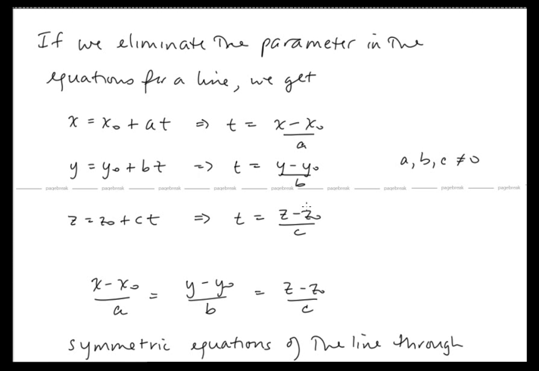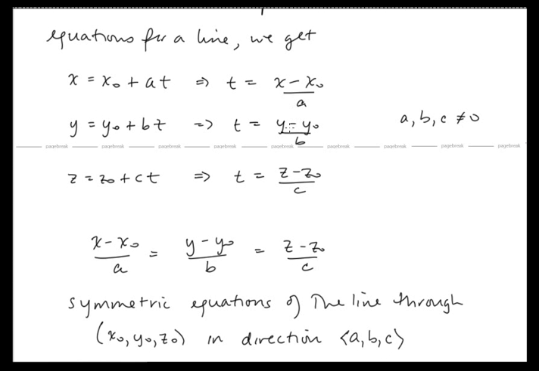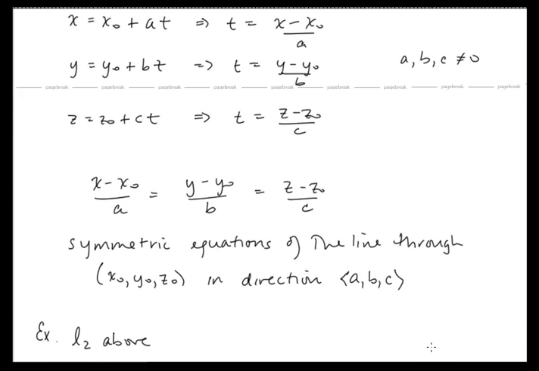Now since I'm dividing by a, b, and c here, I'm talking about when we have a, b, and c not equal to 0. And so we can set each of these equations equal to each other, and we get symmetric equations of the line through the point (x naught, y naught, z naught) in direction (a, b, c).